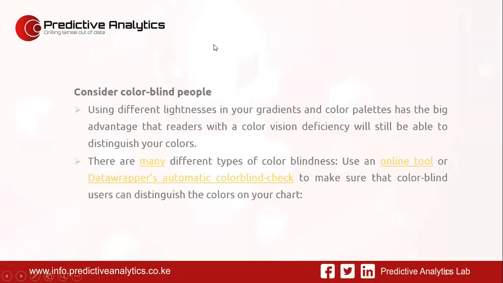So there are many different types of color blindness. Use an online tool or Data Wrapper's automatic colorblind check. If you've opened Color Brewer, you will see that there's an element that is used to help colorblind people, so that you can choose the different types.